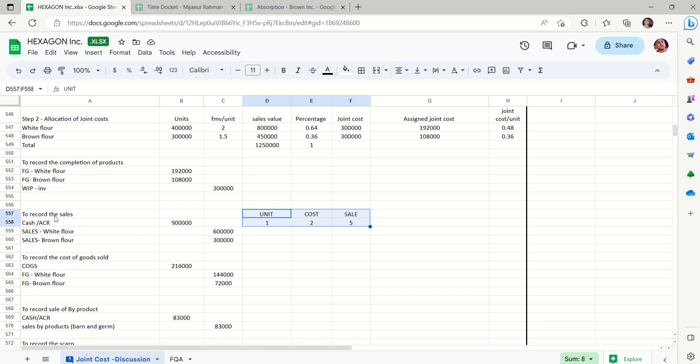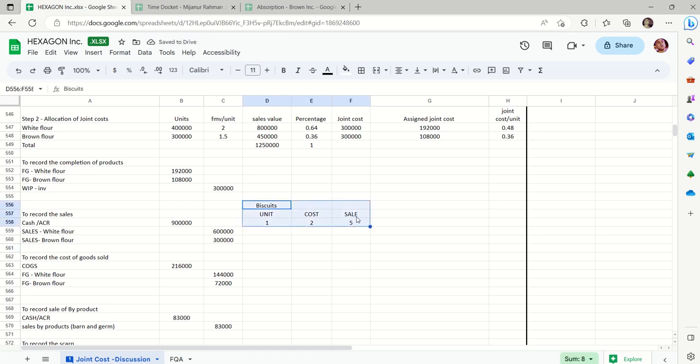Okay, same thing. Sales here, 900,000, is not the cost of goods sold. Same here, in our outside example, your cookies or biscuits example, your cost is $2.